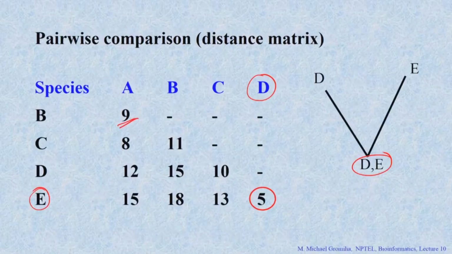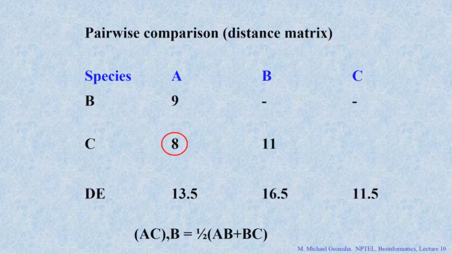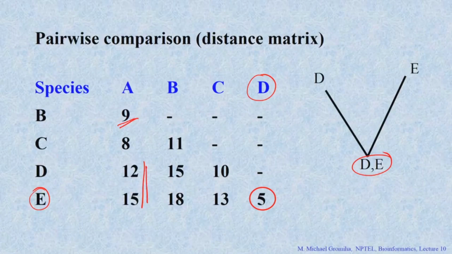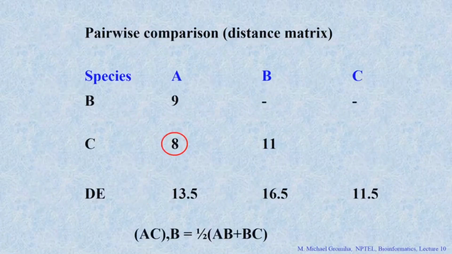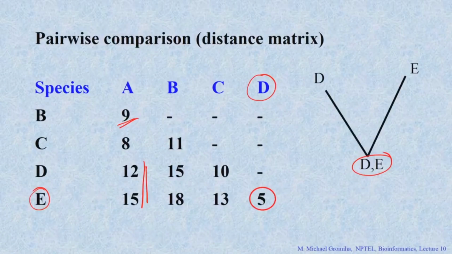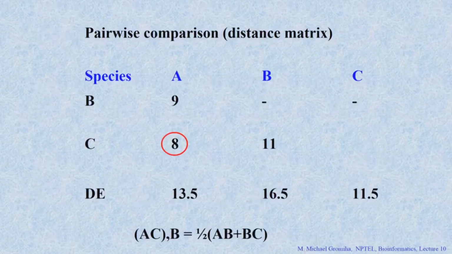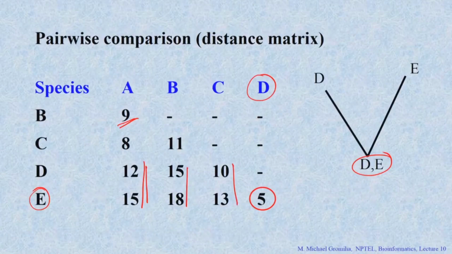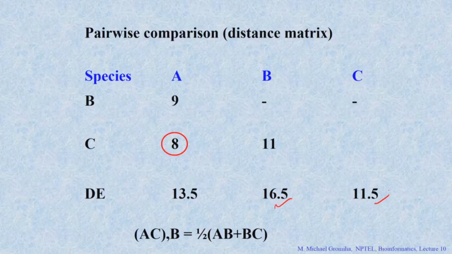For D and E with respect to A, 12 plus 15, what is the average? 13.5. And D and E with respect to B, 16.5, and here 11.5, because we combine D and E with respect to A, B and C. So, now I get this matrix.